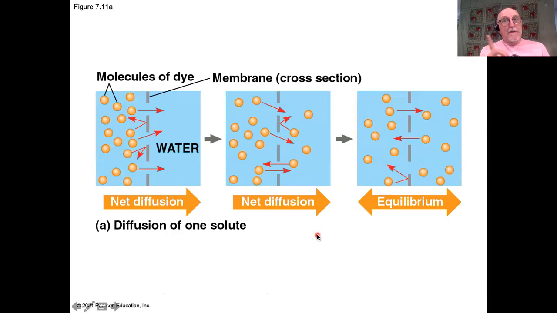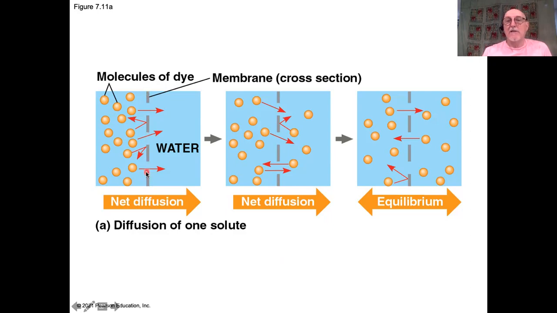So we need to spend a little bit of time thinking about how molecules actually move back and forth across a membrane in general. So here are some theoretical experimental situations. And we have here a membrane.